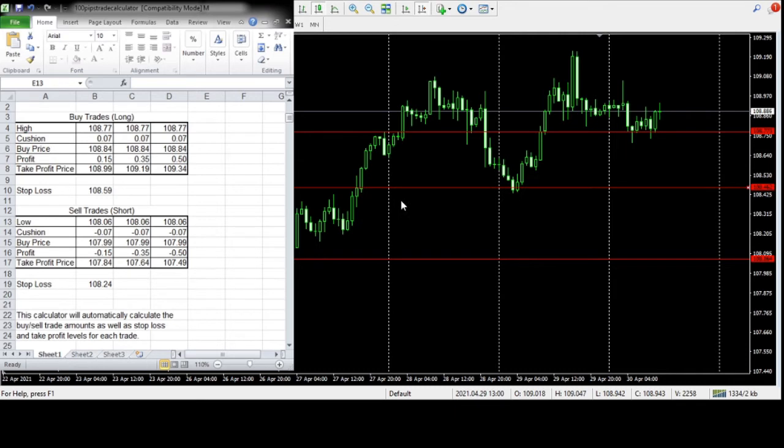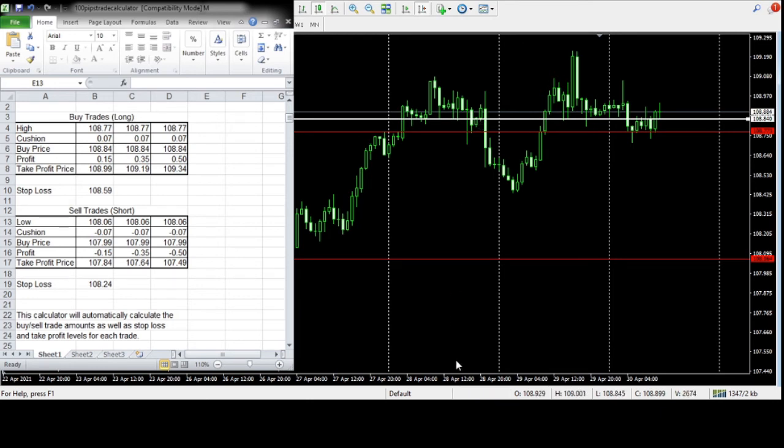So I'm going to change the color to white, and make it a little thicker so that you can understand it better. 108.84 is the entry price for the 28th. Remember, entry price for the 28th.